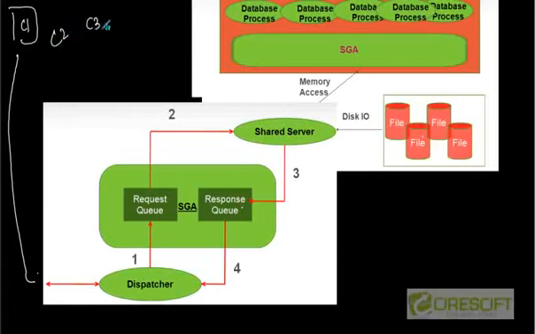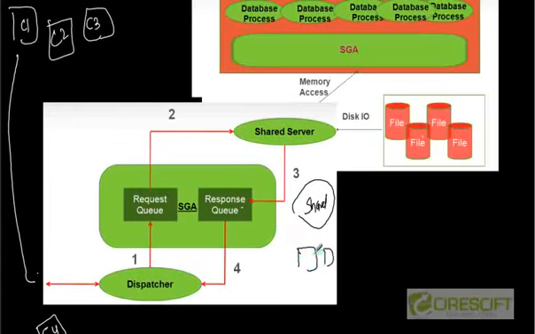Similarly for C2 and C3. Let's say we have a parameter where we say how many clients per shared server. Let's say we are just having 3 clients per shared server. That means when client number 4 comes, the listener is going to create another shared server, another request queue and response queue exactly similar to what we are showing here.